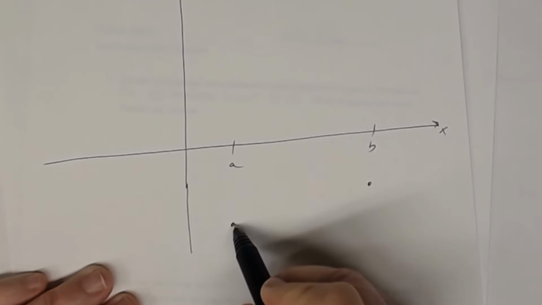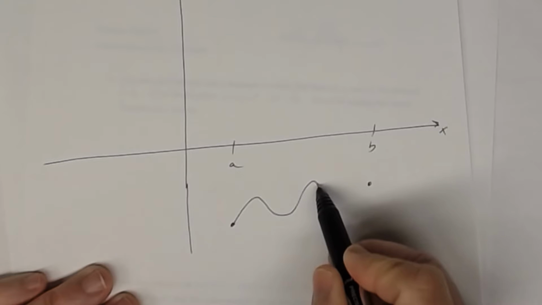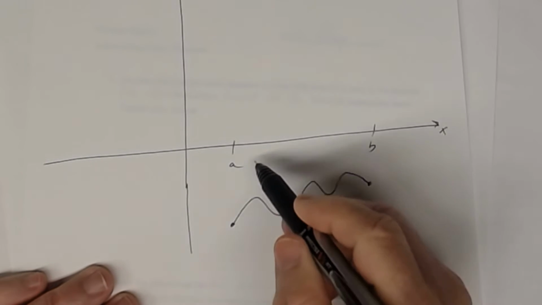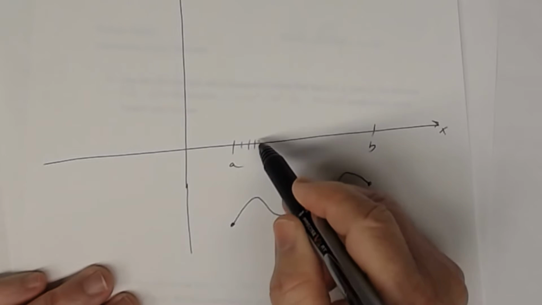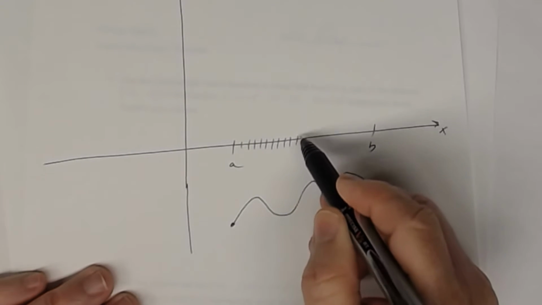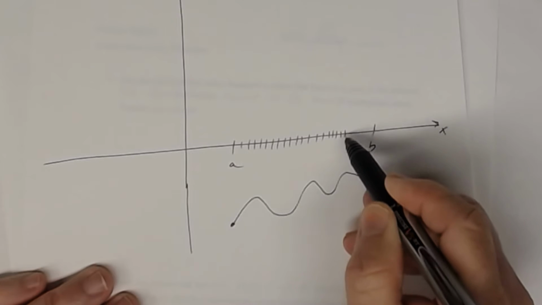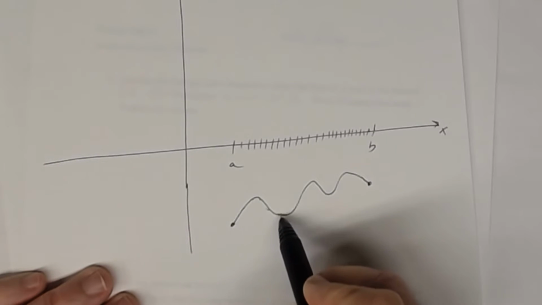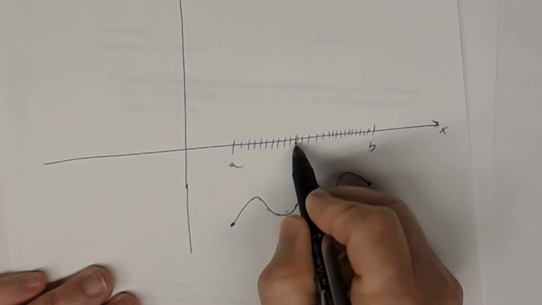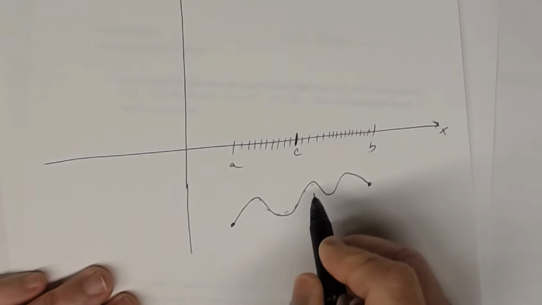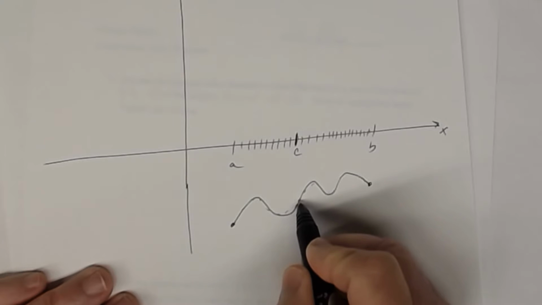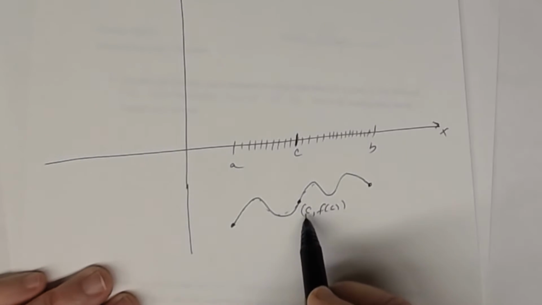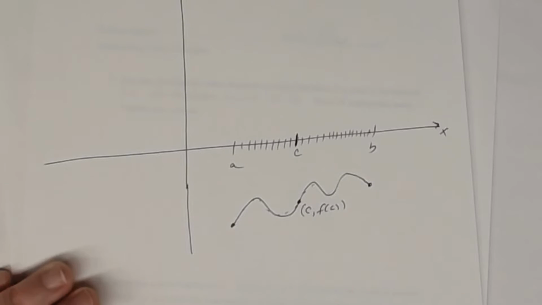If my function is continuous in that interval, meaning there are no breaks or gaps, then for every x value in the interval from a to b, there's going to be a point on that graph. In particular, if x equals c, then there has to correspond a point c, f of c. So when x is c, there has to be a y value.